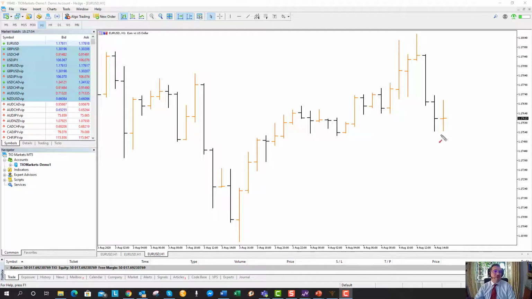You can see the open is going to be on the left-hand side of the chart, which looks like a branch sticking out. So on the left of each one of these bars, you're going to see the opening price. On the right side is the closing price.